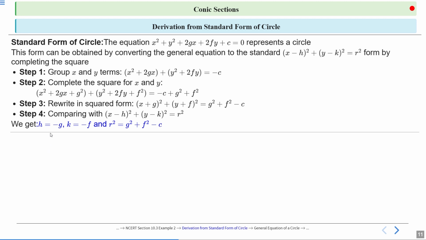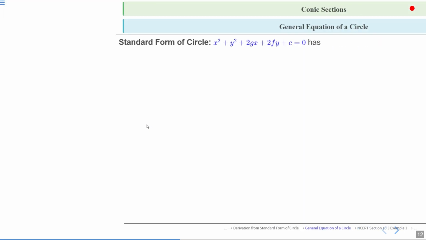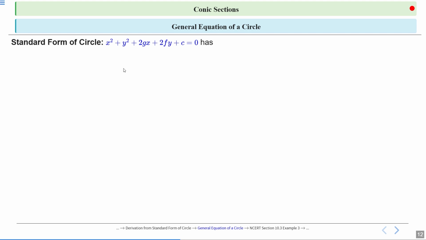So we obtain h is minus g, k is minus f, and r square is equal to g square plus f square minus c. So now the standard form of circle, x square plus y square plus 2gx plus 2fy plus c equal to 0, has center minus g comma minus f, because we obtained h equal to minus g and k equal to minus f.